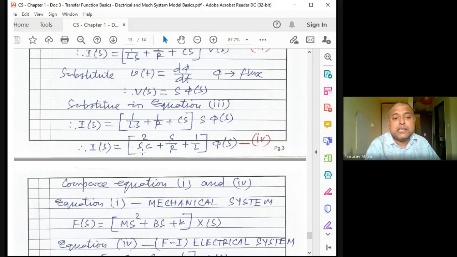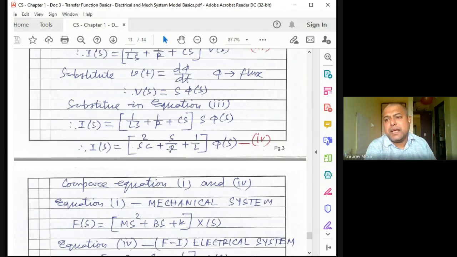In the Fi analogy, capacitor is equivalent to mass. In the FV analogy, B was proportional to R, that is, the dashpot or damper constant B was proportional to R. In this case, dashpot B is proportional to 1 by R. So if R is resistance, what is 1 by R?